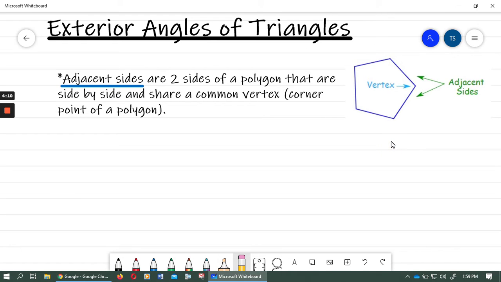Now, folks, we've used the word vertex several times in our class. We've used it, but in this context it's different from where we've used vertex before. We've talked about vertex in several different contexts.